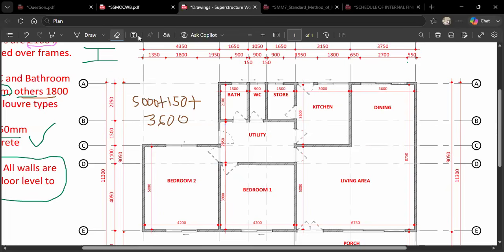So let's count the internal doors now. So the internal doors, this is what? 1, 2, 3, 4, 5, 6, 7. You see, these ones are external. We've already calculated for them already. So these ones are 7.